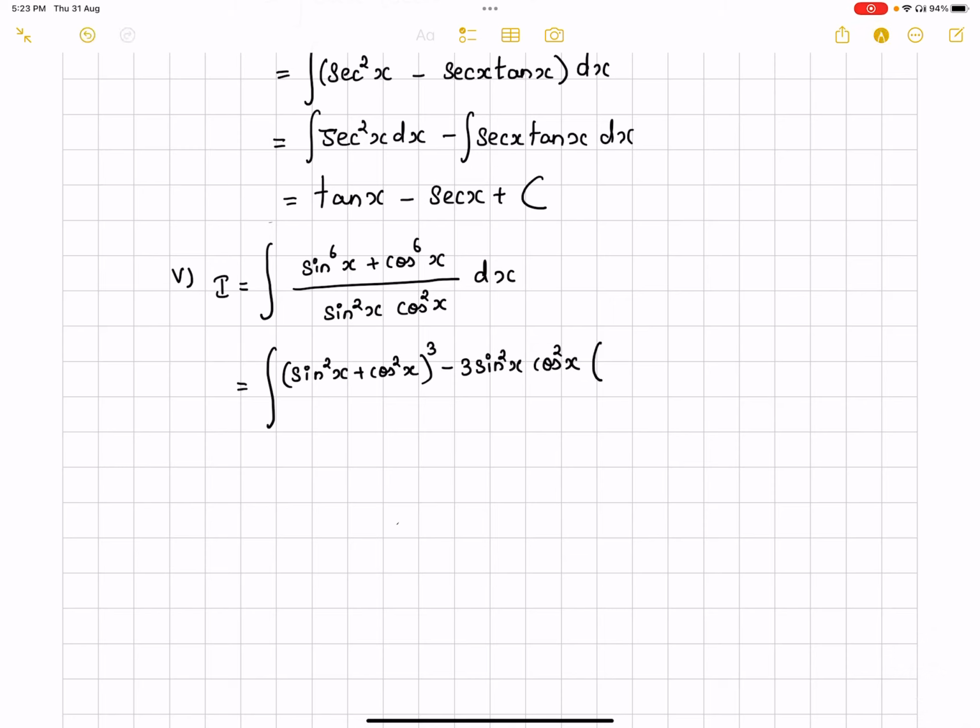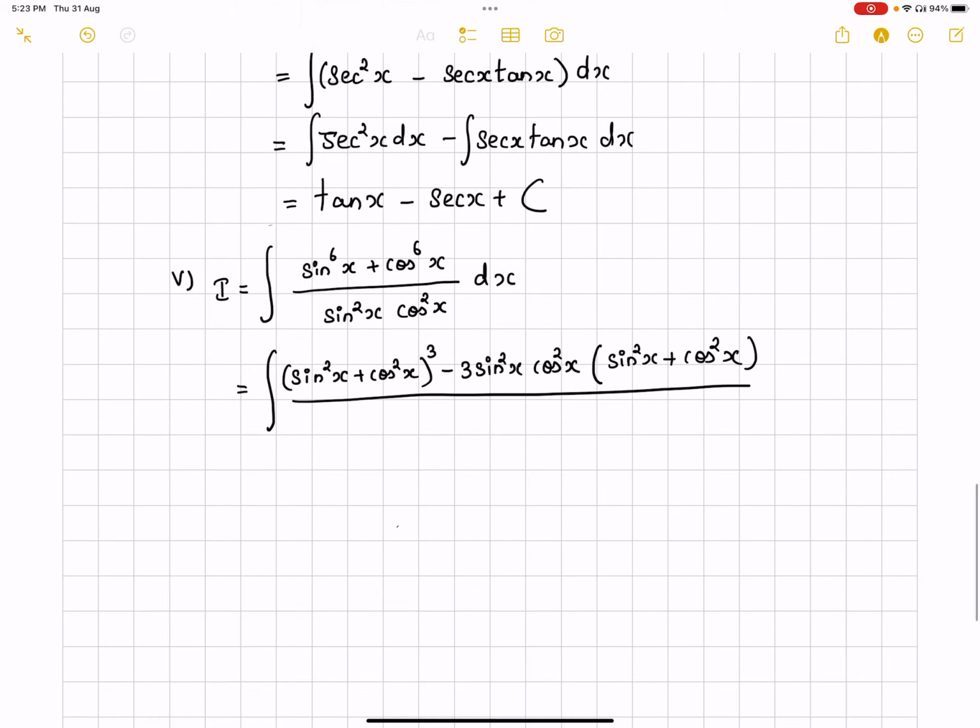Then a plus b, that's what was there. So here a is nothing but sine square x and then plus cos square x, then divided by sine square x cos square x dx.